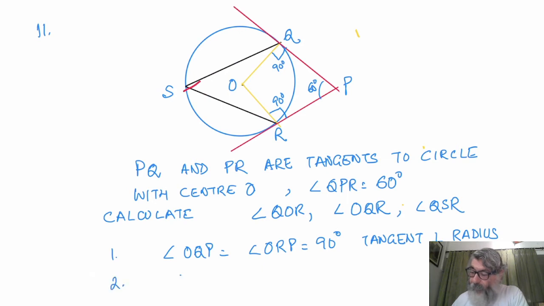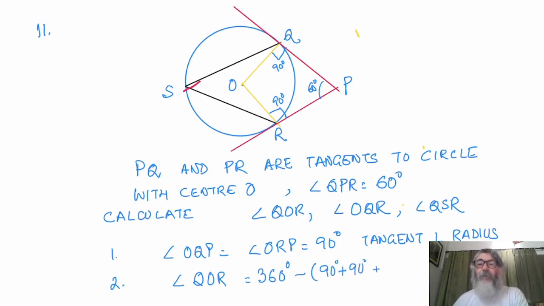Now angle QOR will be 360 degrees minus 90 plus 90 plus 60. Why? The sum of interior angles of a quadrilateral is equal to 360 degrees.